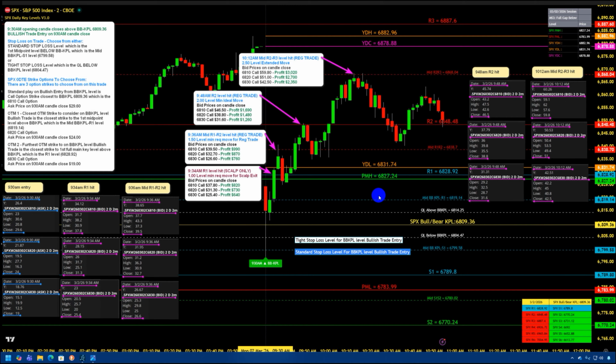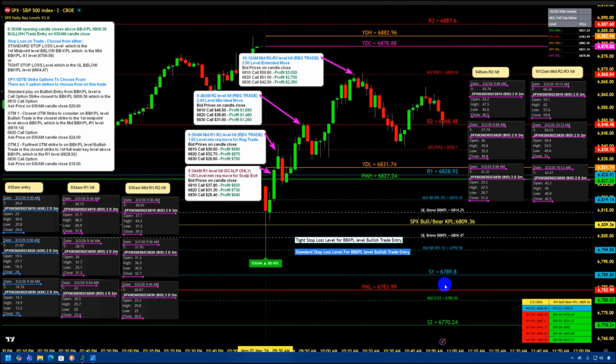So those are done differently on this indicator than the trades taken from the main key levels. So with the trades on the main key levels, the R1 through R6, the BBKPL, or the S1 through S6 levels, for bullish trades from those levels, it's always going to be the QL level below the level that you're taking the bullish trade from.